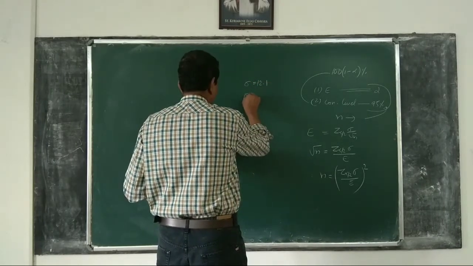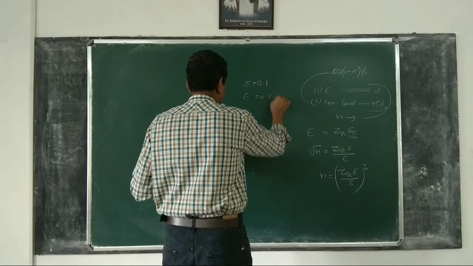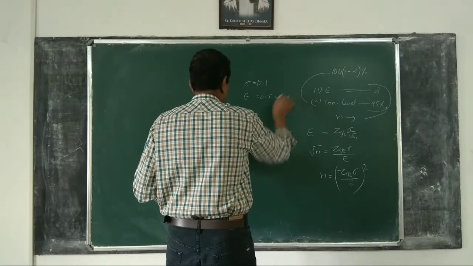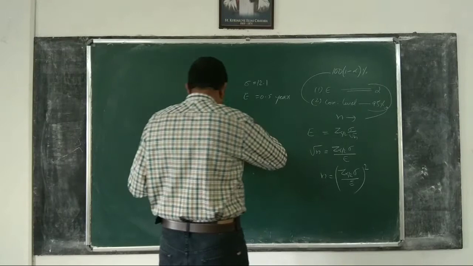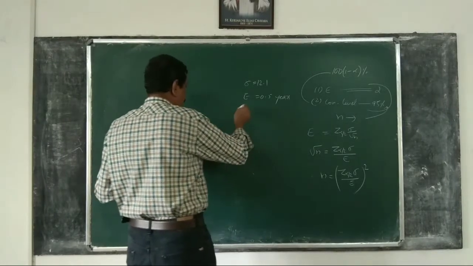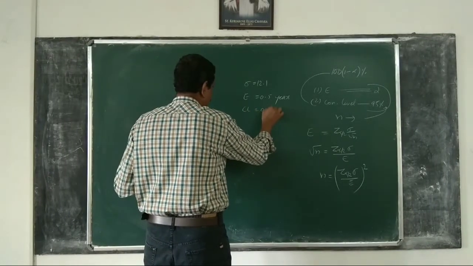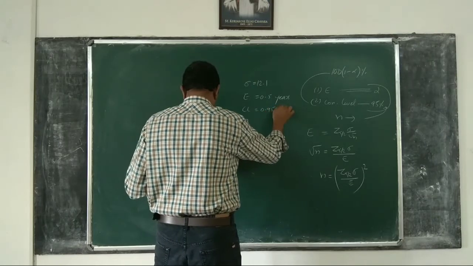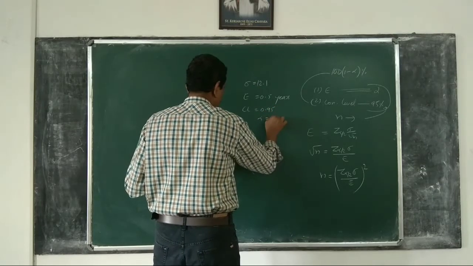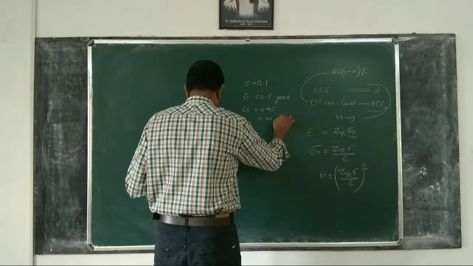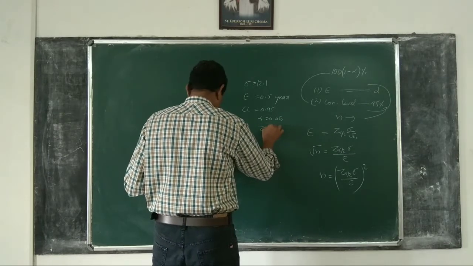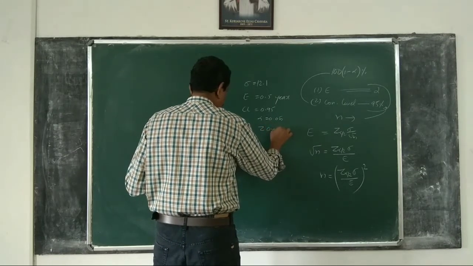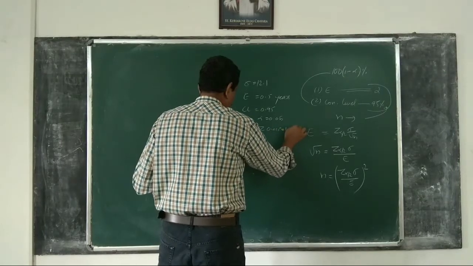Suppose that E is specified as 0.5 years, 0.5 years to either side of the mean. Confidence level is 0.95, so alpha is 0.05 and Z 0.025 is equal to 1.96.